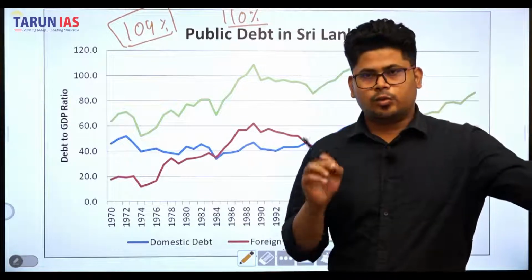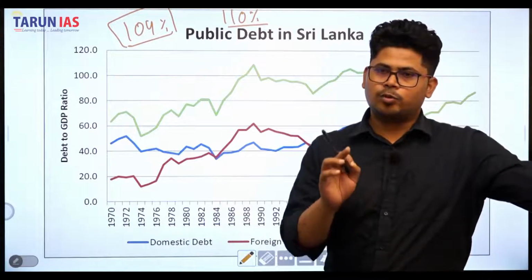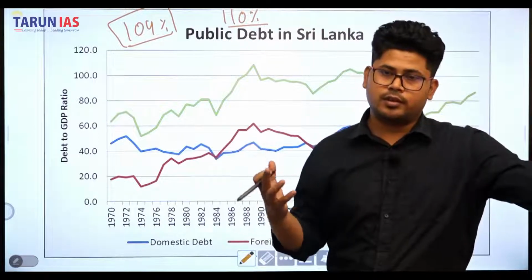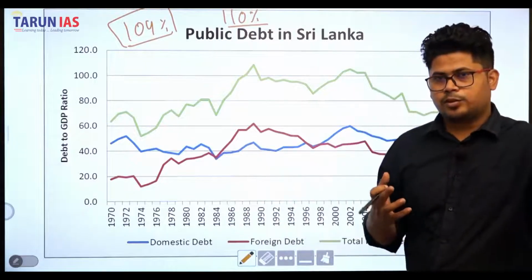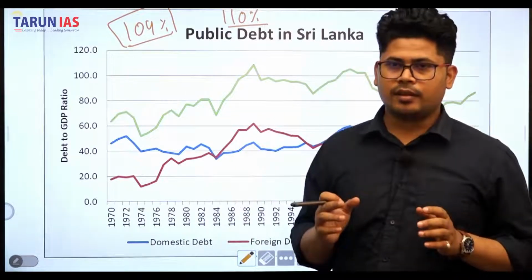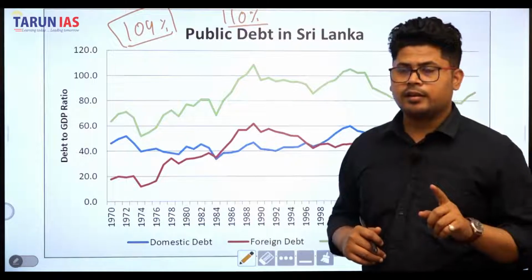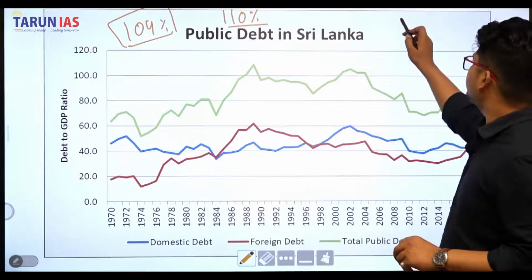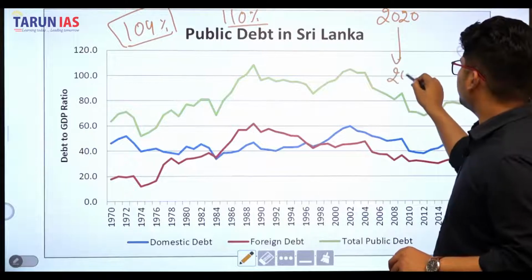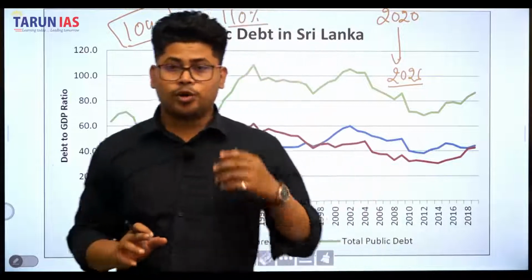But that is not a problem per se. Almost all countries have very high debt, and developed countries have even higher public debt to GDP. So if developed countries have even more public debt, why is it a problem for Sri Lanka? It is a problem for Sri Lanka because from 2020 onwards up to 2026, all the loans that Sri Lanka has taken are going to mature.